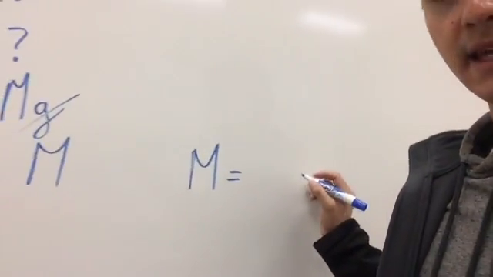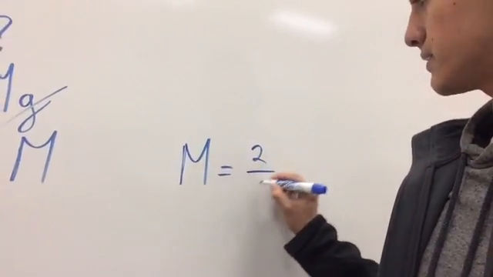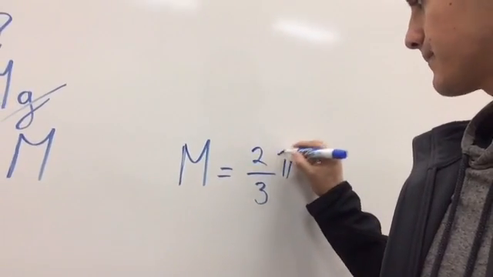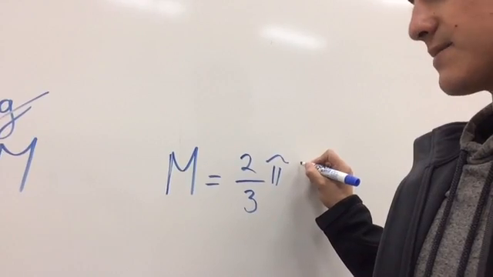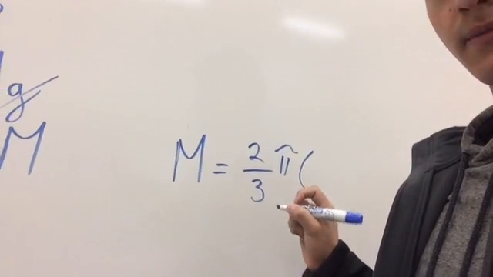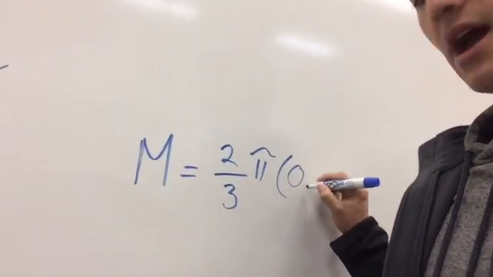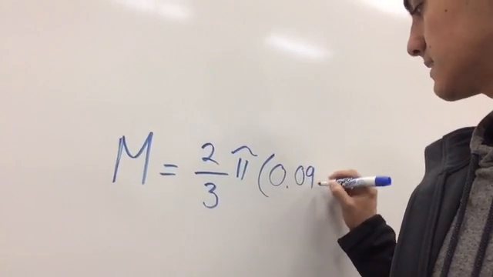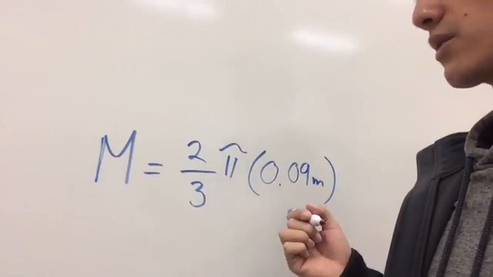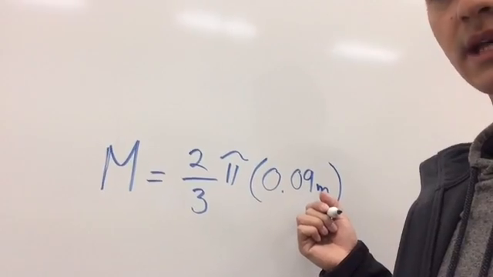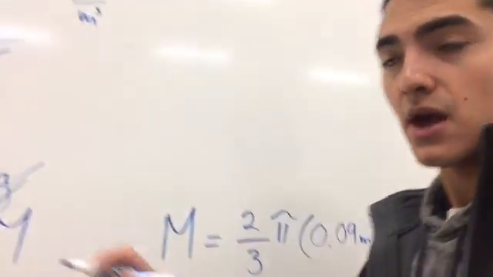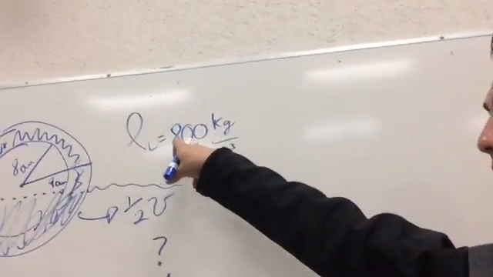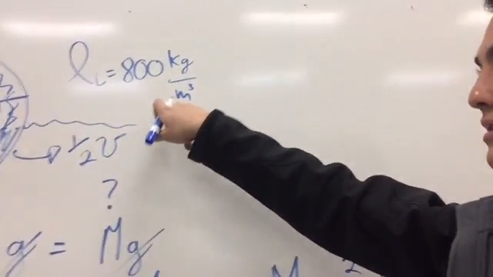So the mass is equal to 2/3 pi times the outer radius cubed. The outer radius is equal to 9 centimeters, but we are going to use it in meters, because the formula says that we have to use meters here because of the density.